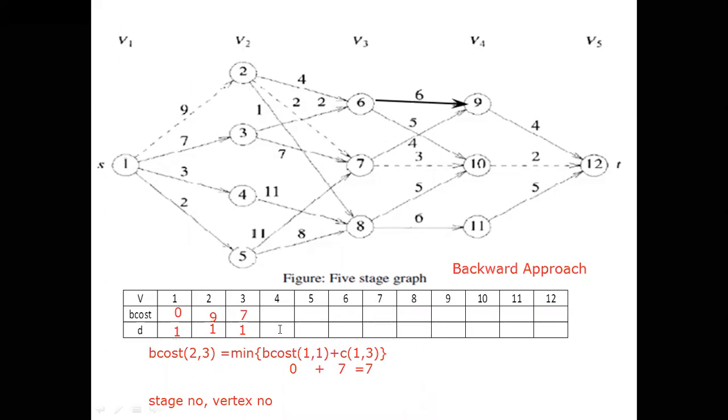In the case of 4, it will be 3. Please solve it. And in the case of 5, what is the value? It will be 2. Right. What is the D value? From which vertex is it coming to 4? It is 1. From which vertex is it coming to 5?